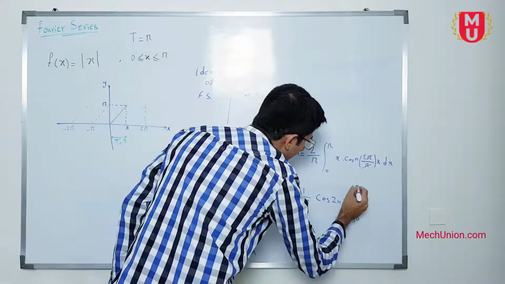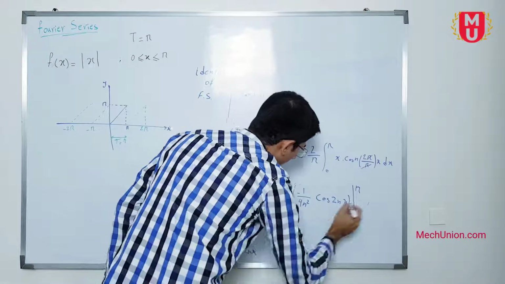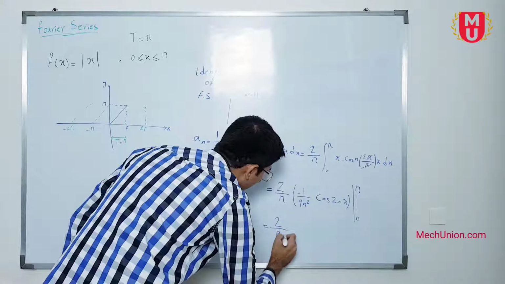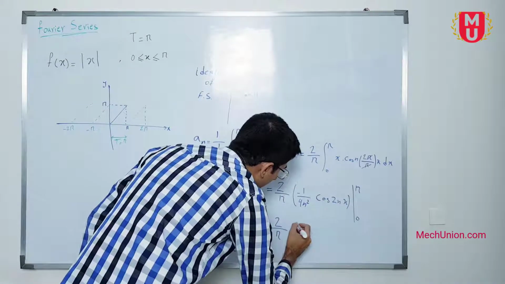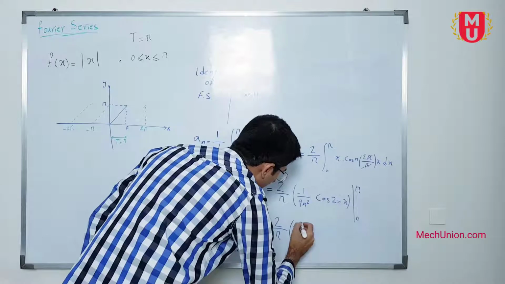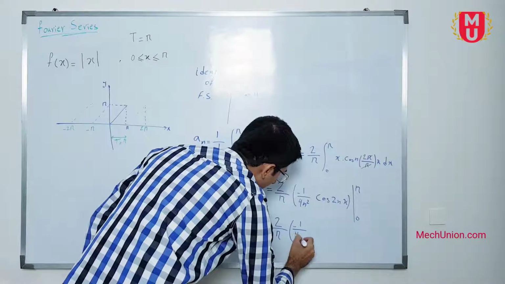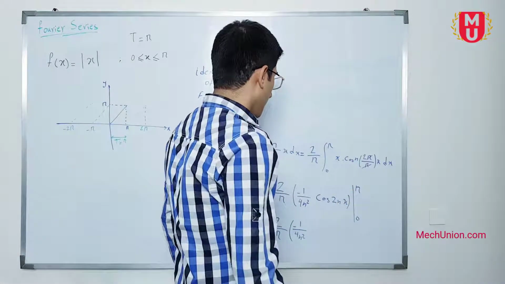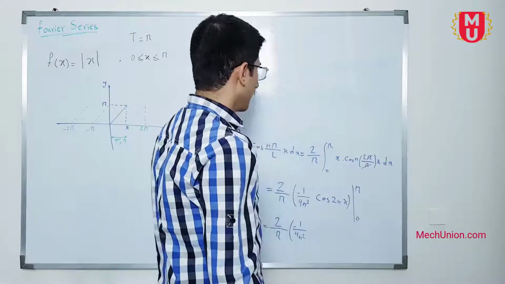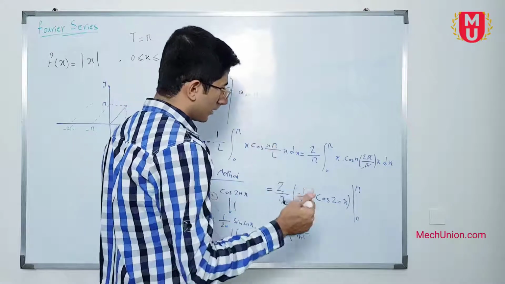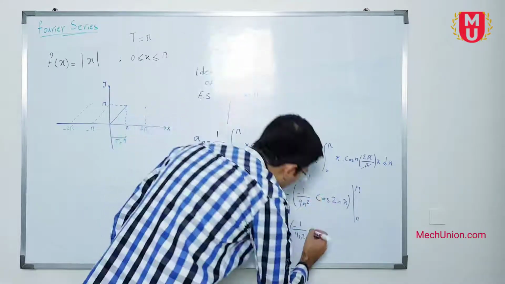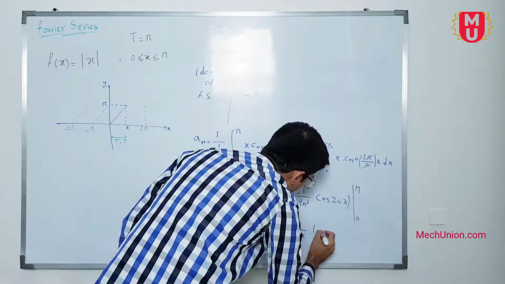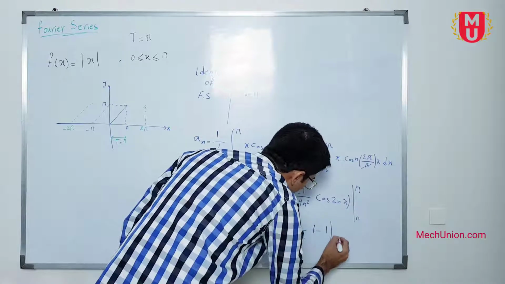And we substitute the 0 and pi, which will become 2 over pi, and this minus 1 over 4n squared. If we substitute pi, cosine 2n pi is always 1, and 1 minus 1 will become 0.